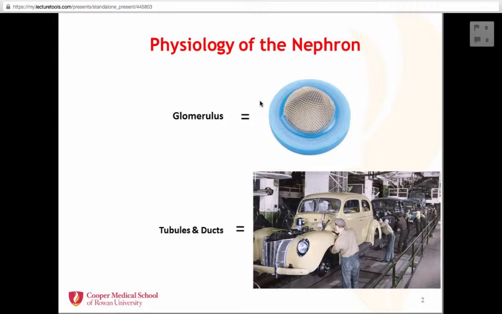Each portion, the proximal convoluted tubule, the loop of Henle, distal convoluted tubule, and collecting ducts, has a specialized job to work on that ultrafiltrate: reabsorb certain things, secrete other things, maintain fluid homeostasis, electrolyte homeostasis, and acid-base status. Each portion of those tubes serves a very important role.